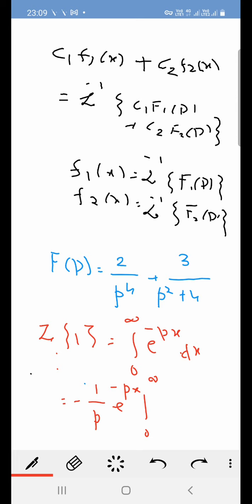So it is equal to 1 by p, where p is greater than 0. So the Laplace transform of 1 is 1 by p with p greater than 0.